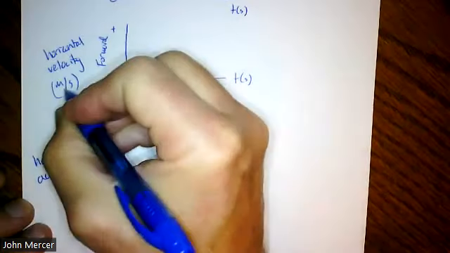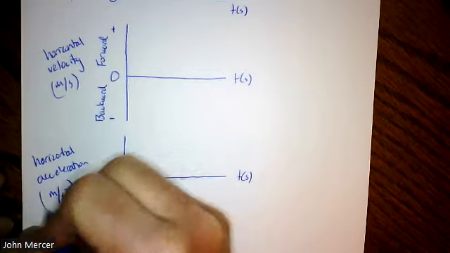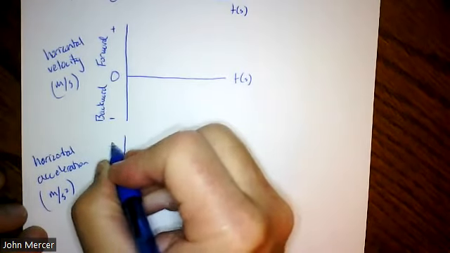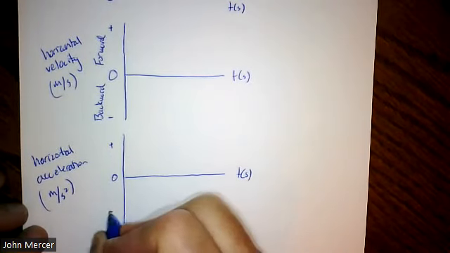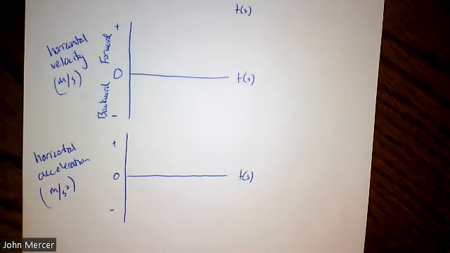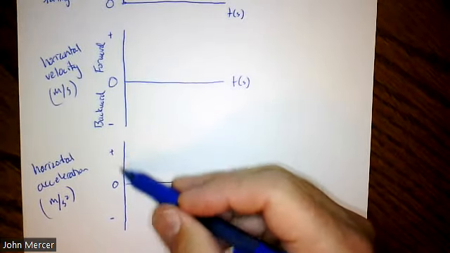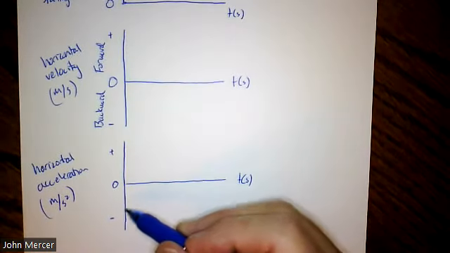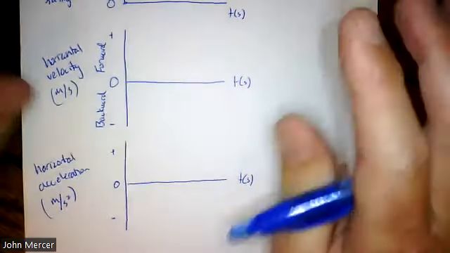And now, because I use meters per second here, I'm going to use meters per second squared for my units here. And again, I've got positive regions of acceleration, I've got a 0, and I've got negative regions of acceleration. And I really want to walk away from this presentation having an understanding of what the positive acceleration means and the negative acceleration. All right, so those are our 3 plots.